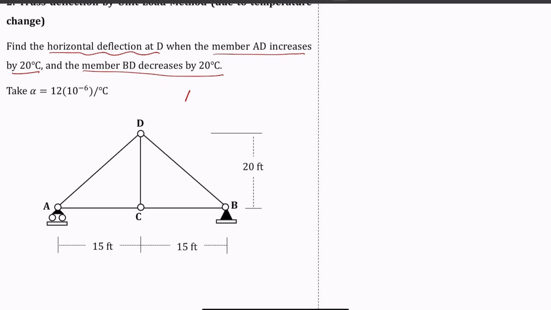What does it mean? That means that your delta T for AD will be equal to 20 degrees, and delta T for BD will be equal to minus 20 degrees centigrade.